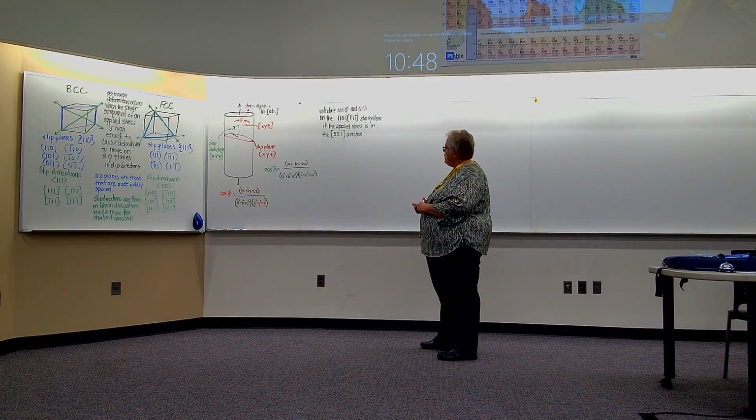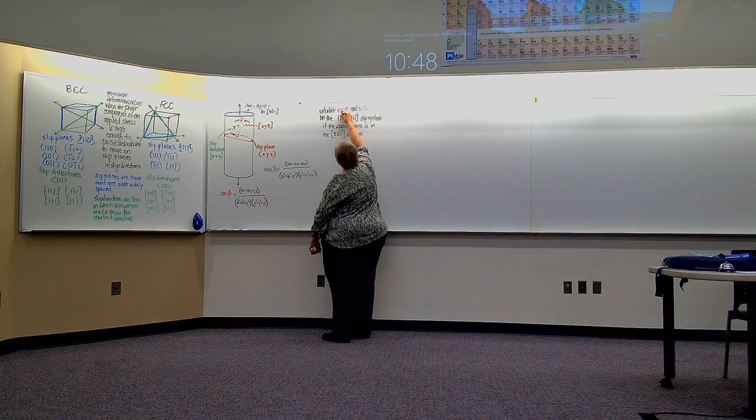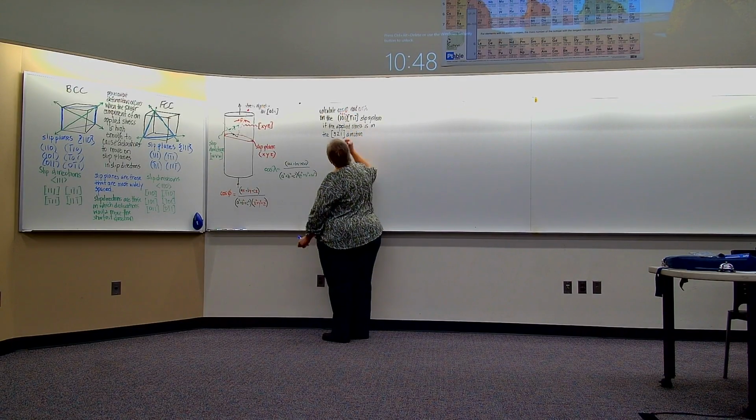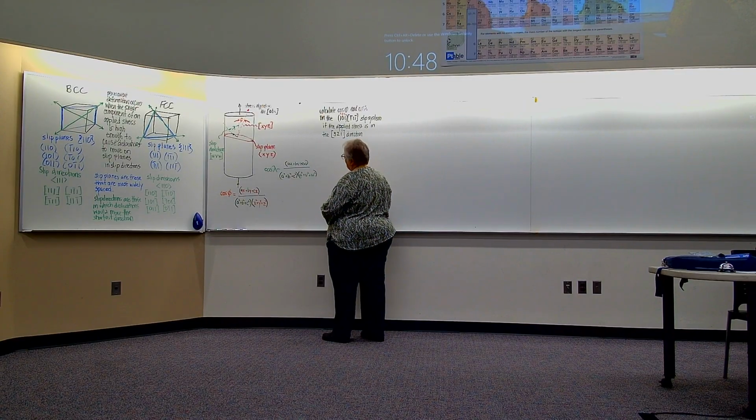So the 3, 2, 1 direction would be our ABC. The 1, 0, 1 is our plane. That's X, Y, Z. And 1 bar, 1 bar, that's our direction.